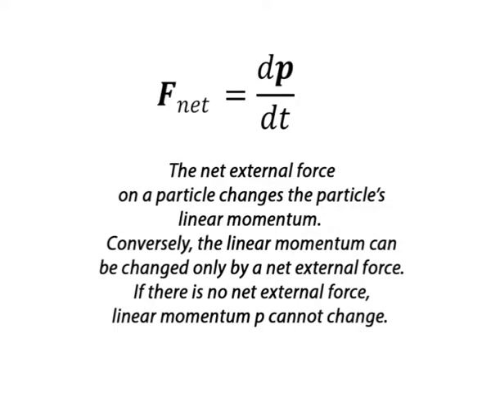In words, we say that the net external force on a particle changes the particle's linear momentum. Conversely, the linear momentum can be changed only by a net external force. If there is no net external force, linear momentum p cannot change.